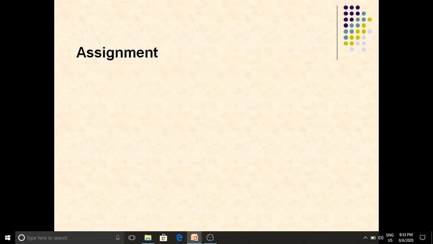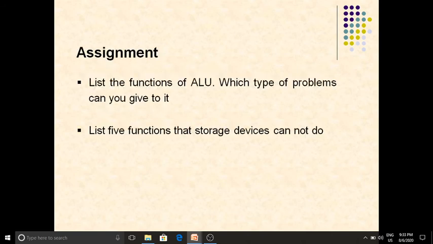Okay students, in today's class I'm giving you some assignments. List the functions of ALU. Which type of problems can you give to it? What are the functions of ALU? We have to prepare these assignment questions, and in tomorrow's class I'll discuss them.